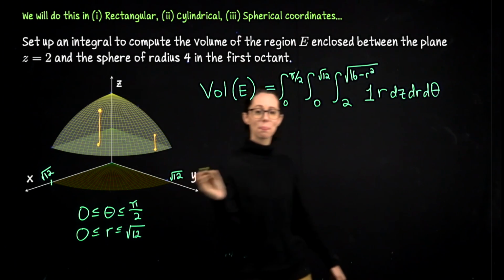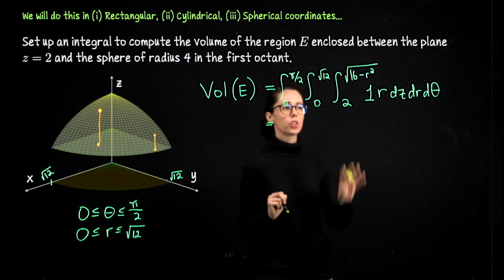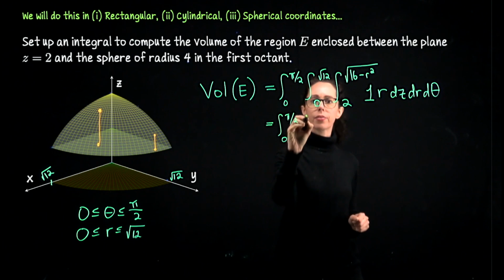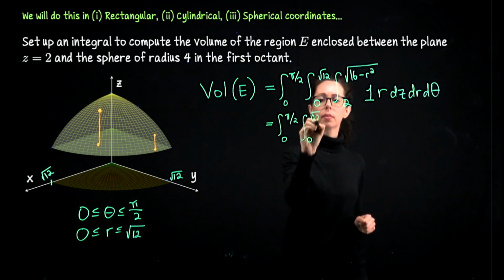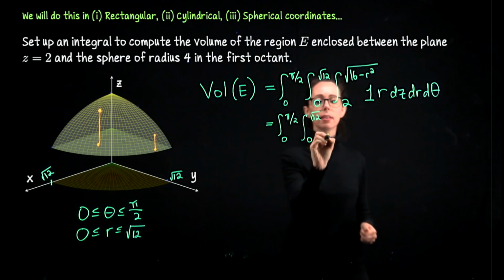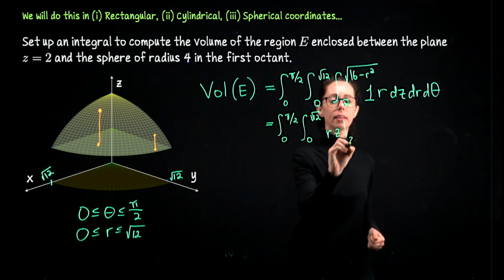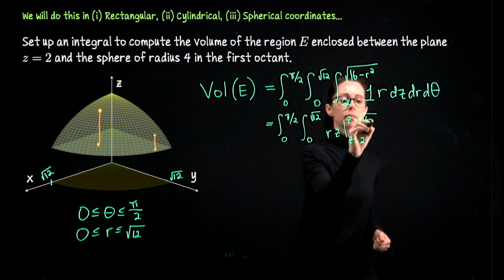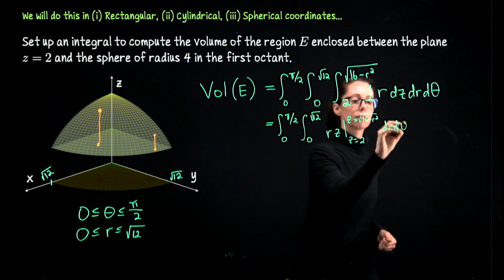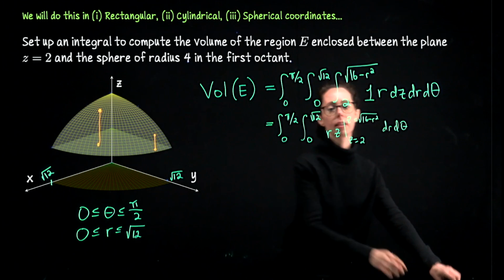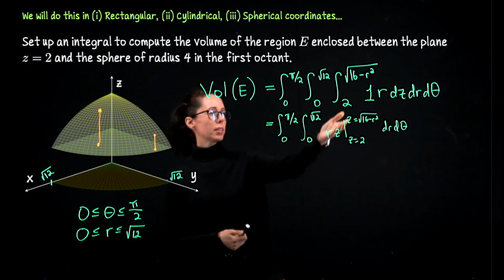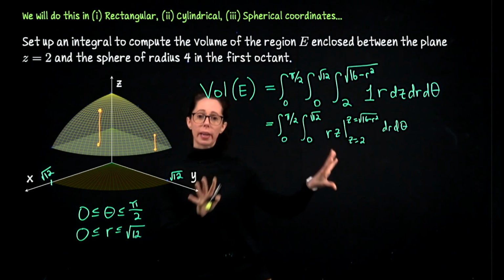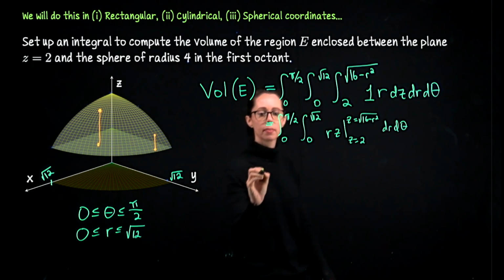Let's just jump right into it. There's not too much tricky here, so I will do immediate anti-differentiation with respect to z. This will become rz, and we need to plug in the top and bottom bounds for z. We will have a subtraction here because we'll plug in the square root of 16 minus r squared, and also 2. I'm going to break it into 2 integrals as I do that.